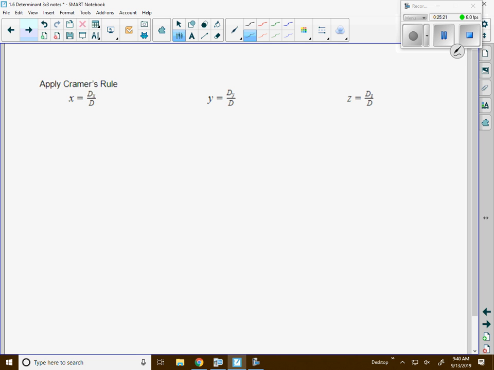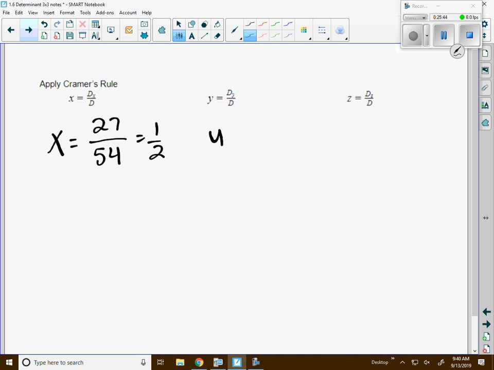Cramer's notes. All right, so for X, Y, and Z, this is where we do the division. So we did this for a 2 by 2. What did we get for DX? 27? Okay, so you do 27 divided by 54, because 54 was D, and that would be 1/2. So that means your X value is 1/2.